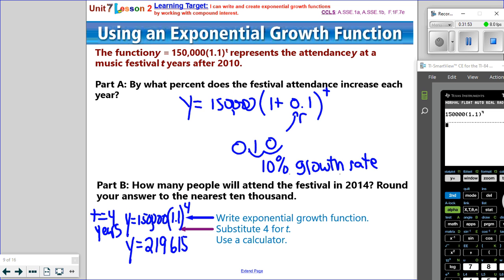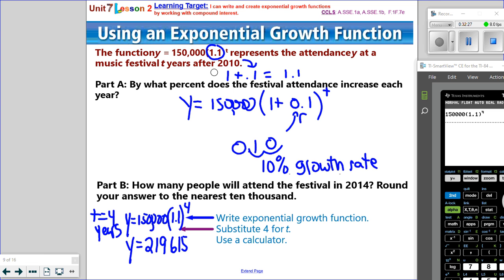So 1 plus 0.1 equals 1.1. So that's what you have here, and that's what you have to equal it to. So this is the growth rate. And remember, you have to change that into a percentage. You need to move it 2 places to the right, and you get a 10% growth rate. And then you go down to part B.